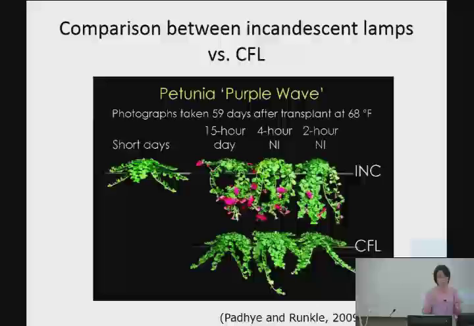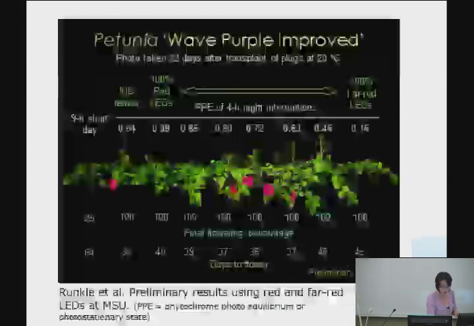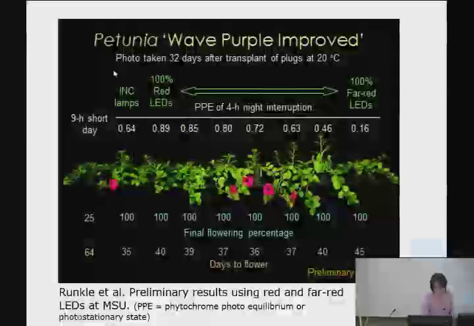Okay, phytochrome, if you remember the Wednesday lecture, has two forms, far red absorbing and red absorbing, and the ratio of the two forms is determined by the ratio of the incident light, red and far red. That's why they tested different red and far red ratios.